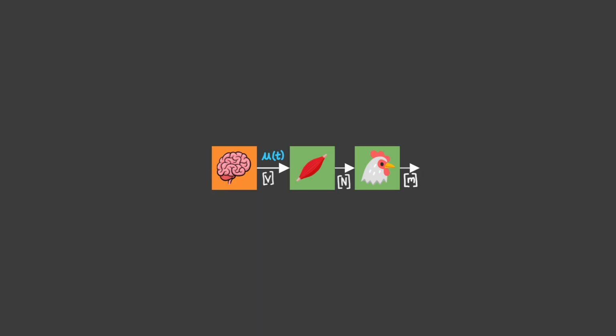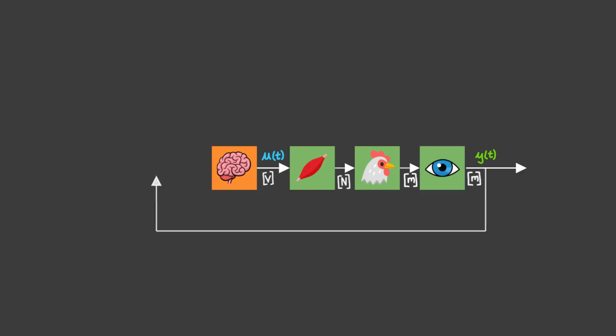But that's not all. The chicken also has eyes which can sense where the head position is, also in meters. We'll call this measured output head position Y of t. And the best thing about having a sensor is that it can feed that information back and compare Y of t with the desired head position, which I'll call the reference, R of t.